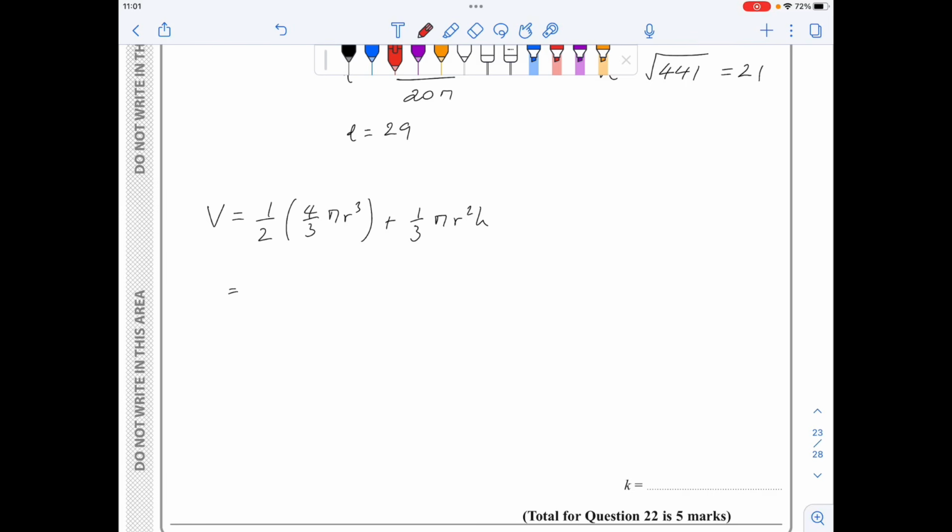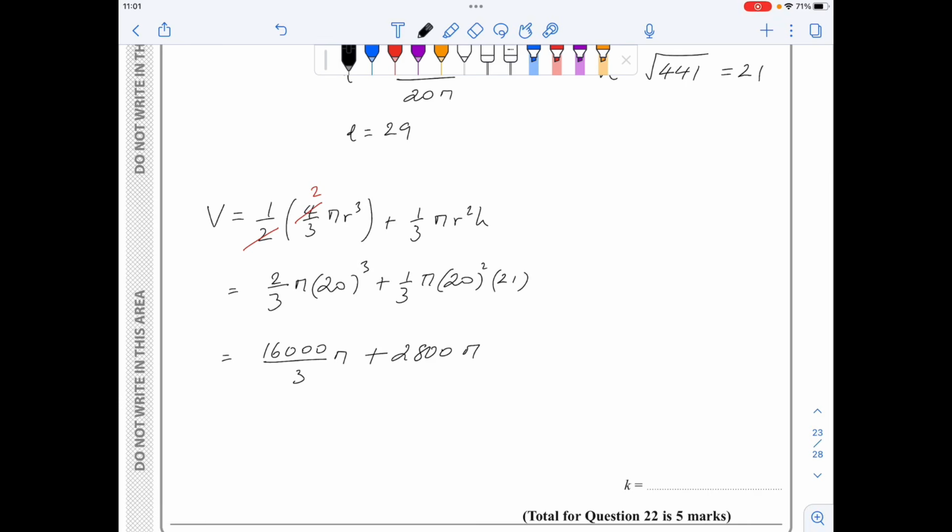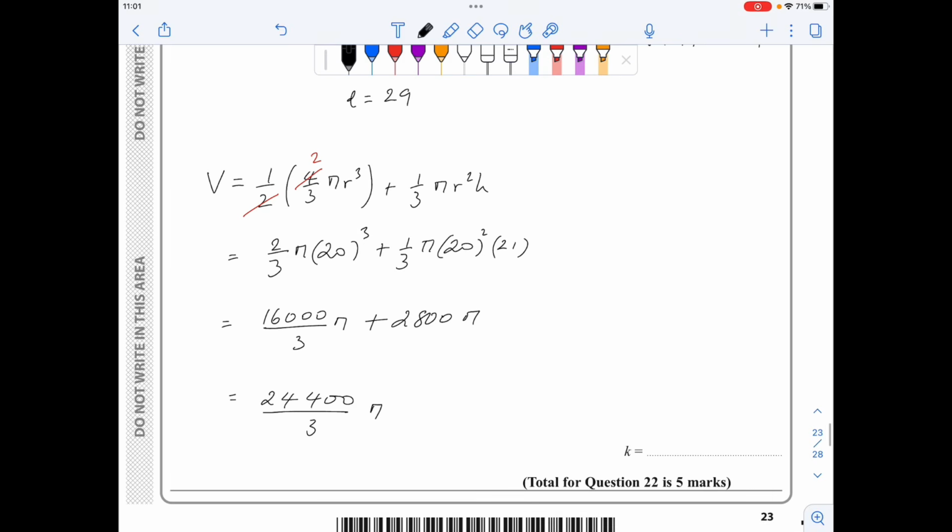Now the 4 and the 2 simplify, so I've got 2 over 3 pi 20 to the power of 3 plus 1 over 3 pi 20 squared times 21. If I simplify this, I get 16,000 over 3 pi plus 2,800 pi, and if I add the coefficients of pi, I will get 24,400 over 3 pi, hence the value of k is 24,400 over 3.